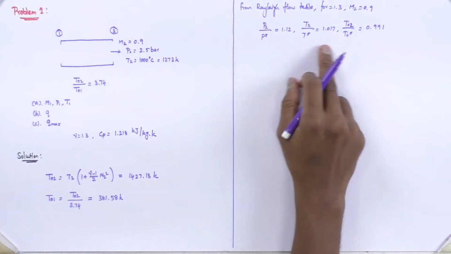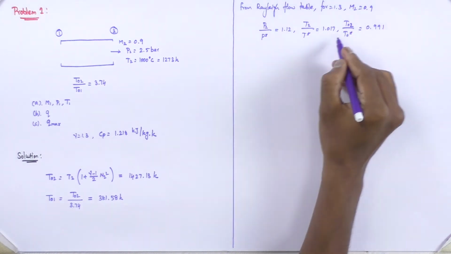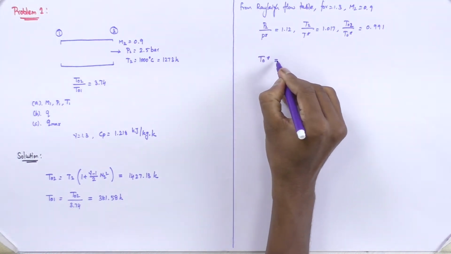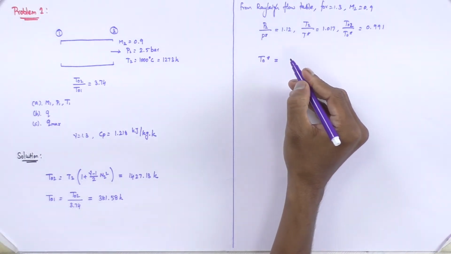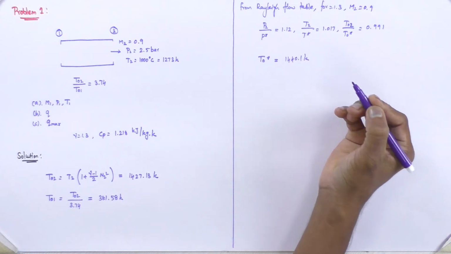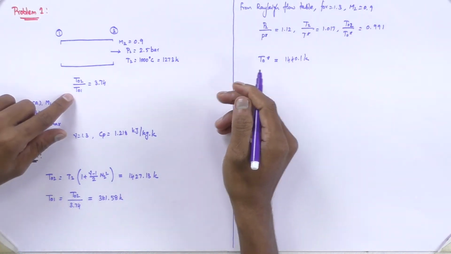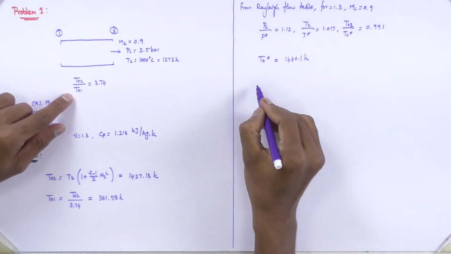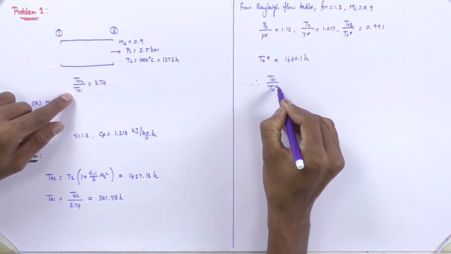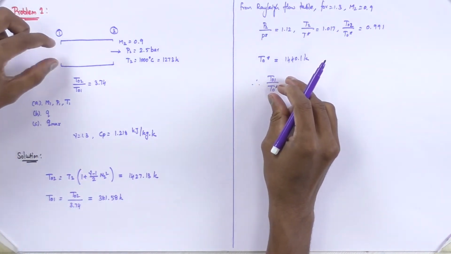First let us calculate the T0 star value. From this ratio we get 1440.1 Kelvin. Now we can get T01 by T0 star, which will help us calculate inlet properties.